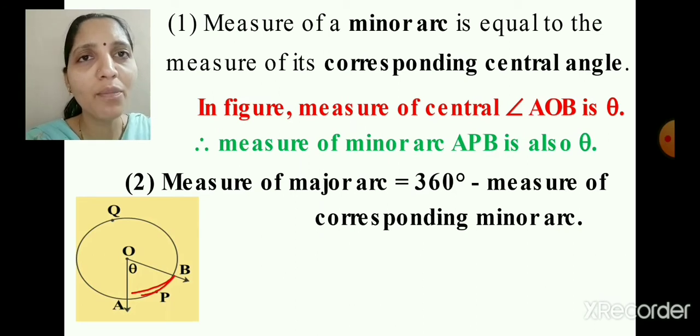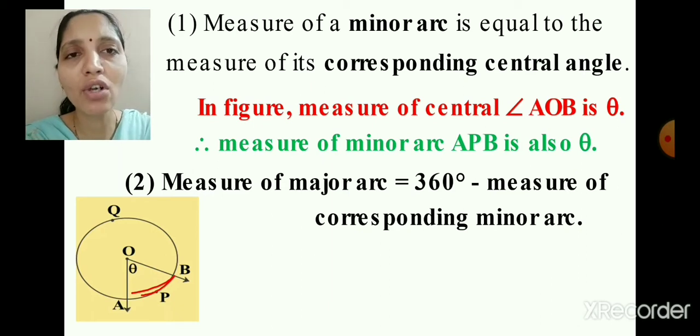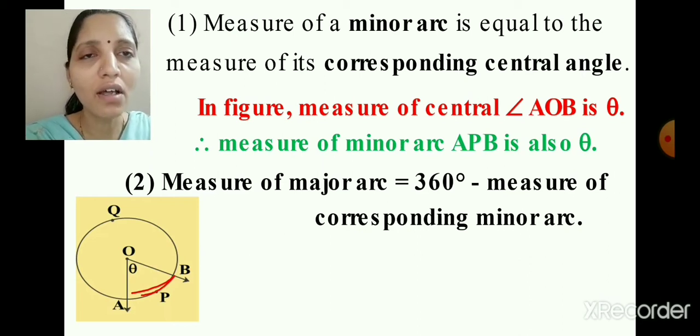Now the second point is, the measure of a major arc is equal to 360 degrees minus the measure of the corresponding minor arc. Now we know the measure of a full circle, a complete circle, is 360 degrees. So if you subtract the measure of the minor arc from 360 degrees, you will get the measure of the major arc. So that is the formula.